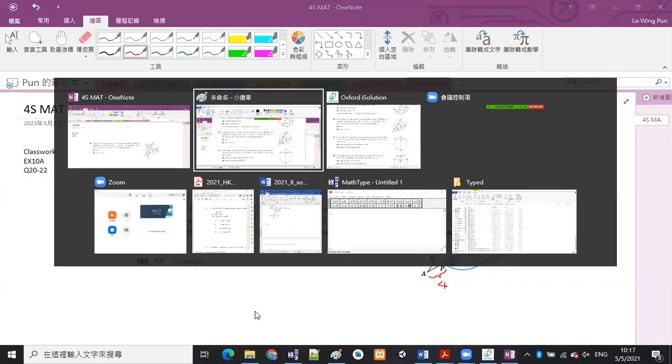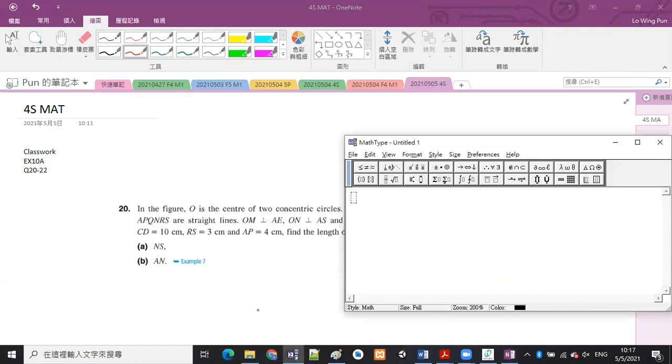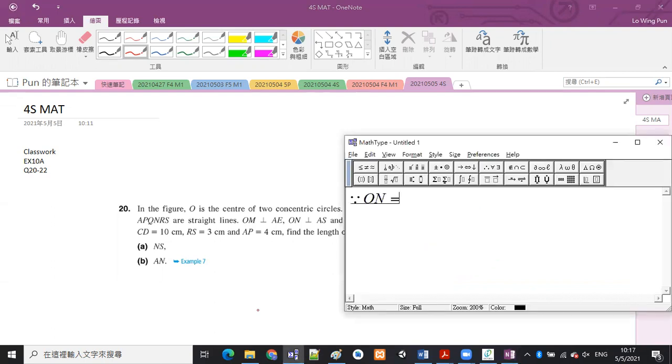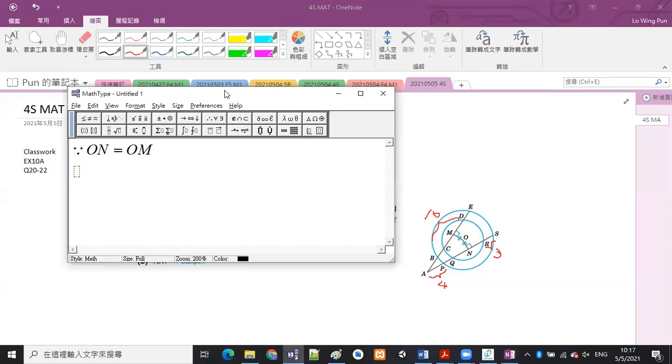好，我嚟咯。Because we have ON equals OM. This is given. ON equals OM. Therefore, we can say that QR is equal to CD. QR is equal to CD.